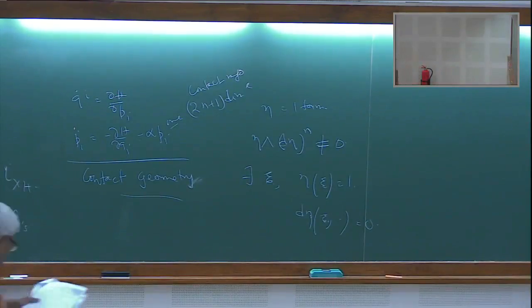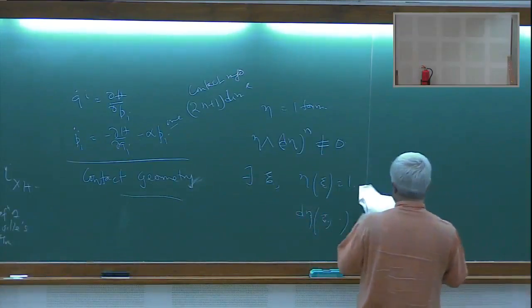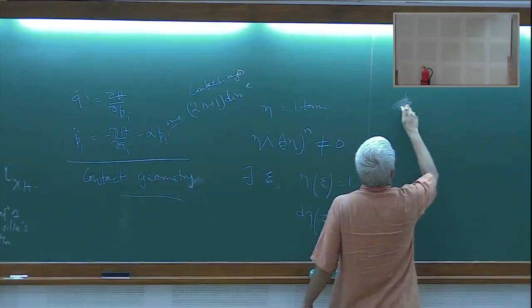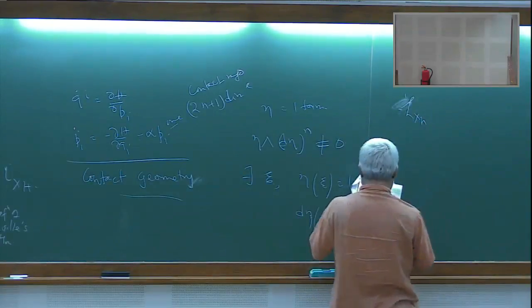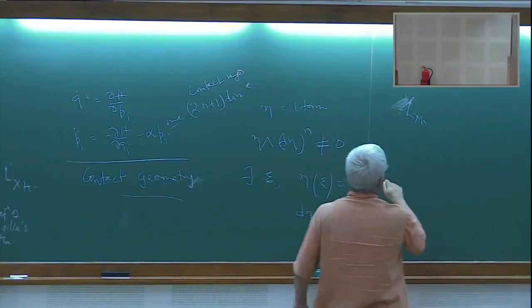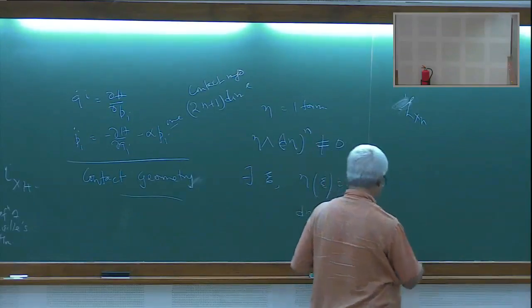Okay, so if you do this, you need two things. First of all, L_{X_H}. Suppose H is a function for which I can have a vector field.